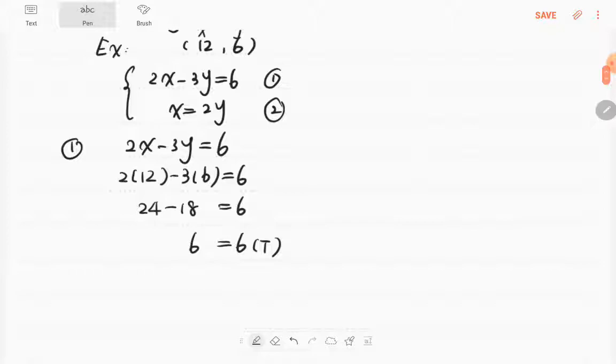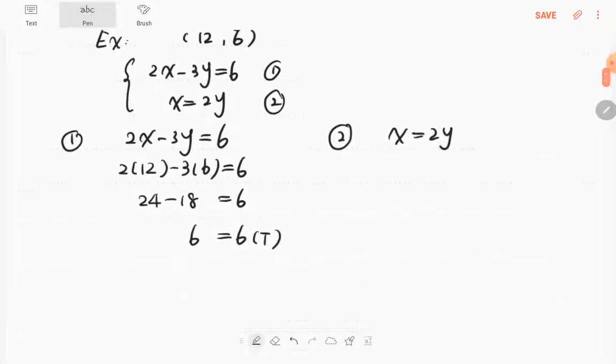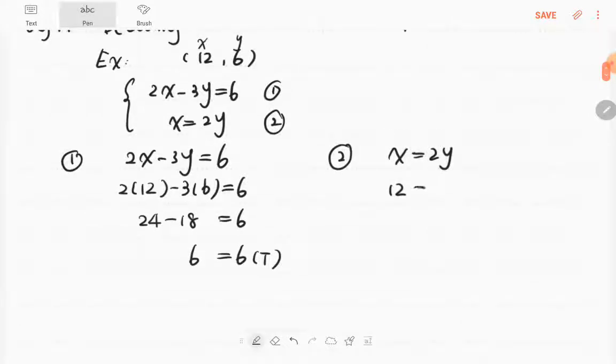Of course, we cannot just stop here because we have another equation, right? We need to test another equation too. We still use 12 to replace x and 6 to replace y, because this is the ordered pair we have. And the left side is 12, the right side is also 12.